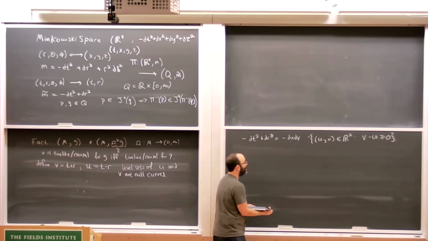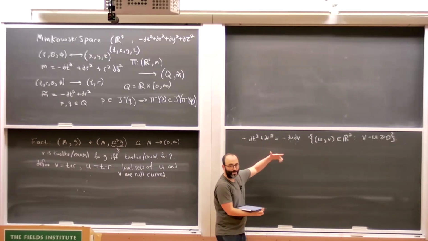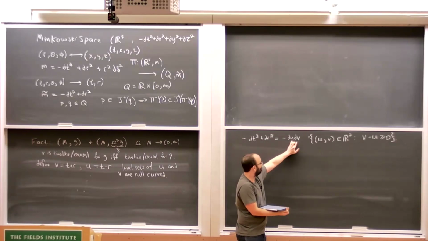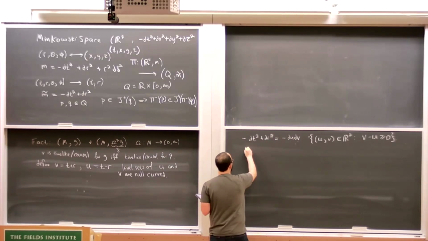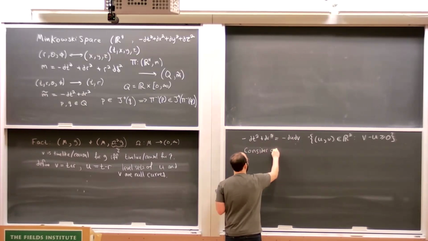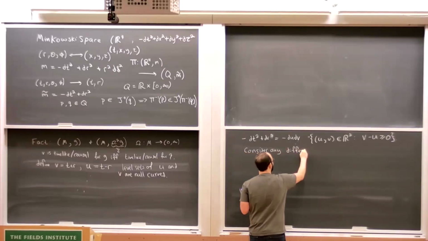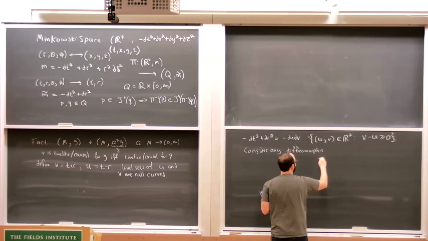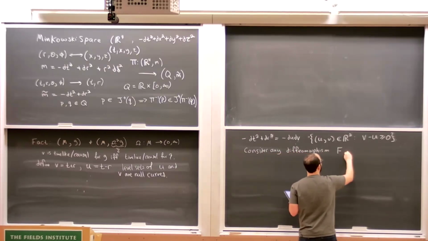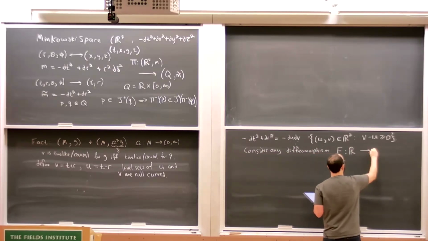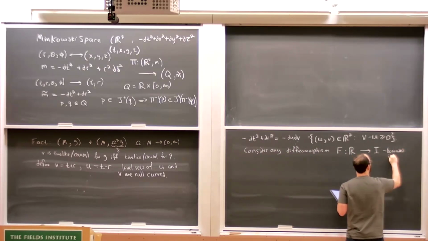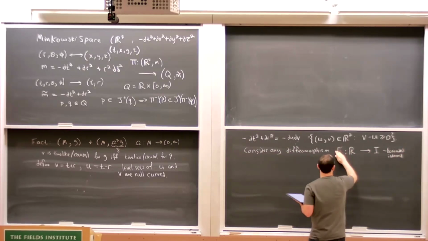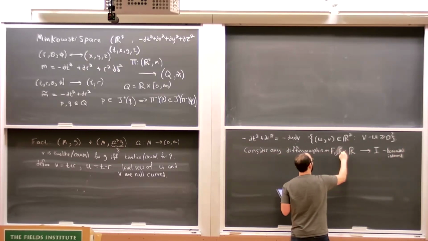If you have any 1+1 dimensional Lorentzian metric written with these du and dv, where you can even have a function here, but we'll see in a second a more general version of this, what you can do is consider any diffeomorphism you want, f from the real numbers to some bounded interval I. It doesn't have to be the same one, you could have an F1 and an F2 doing this.